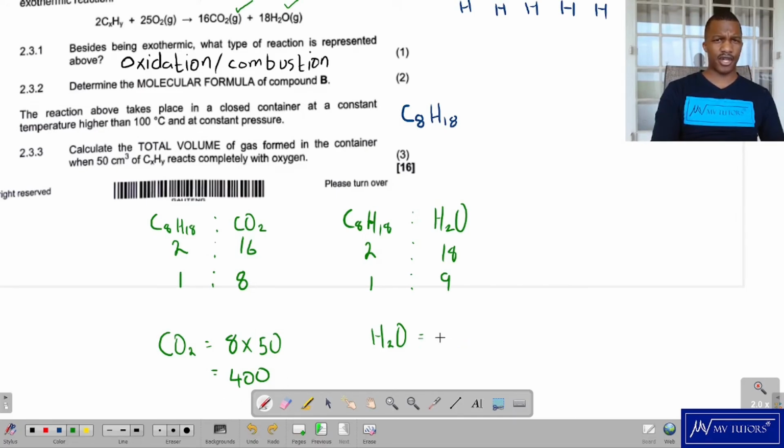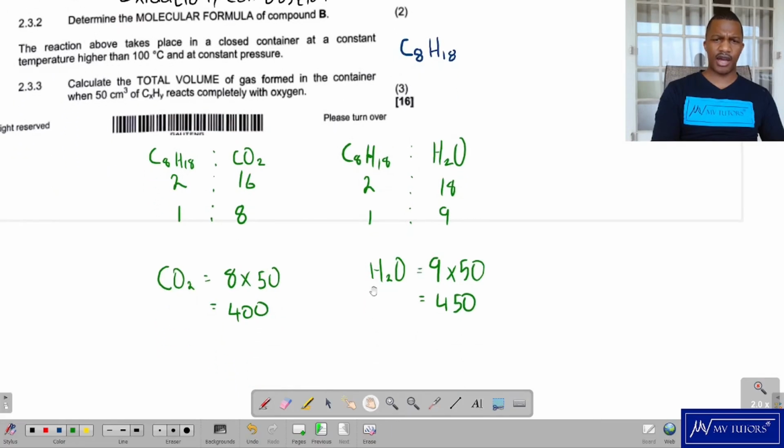I'm not going to restart this question because I want you to learn that when you make a mistake, you re-evaluate your mistake and try again. So we've re-evaluated. It's not supposed to be 8, but 9. So it's 9 times 50, which gives us 450.